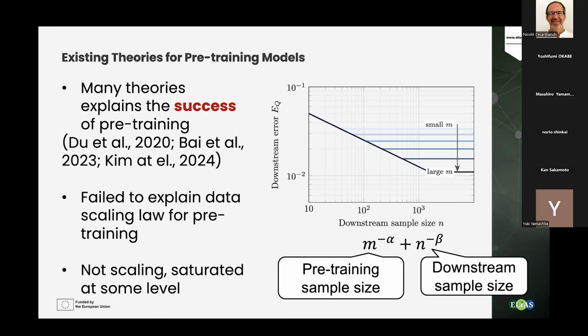But at some point, this term dominates, so the error becomes constant, saturated. This is weird behavior because we are carrying out downstream learning. By increasing the downstream sample size, we should get decreasing behavior. So this kind of theory cannot explain the data scaling law for pre-training.